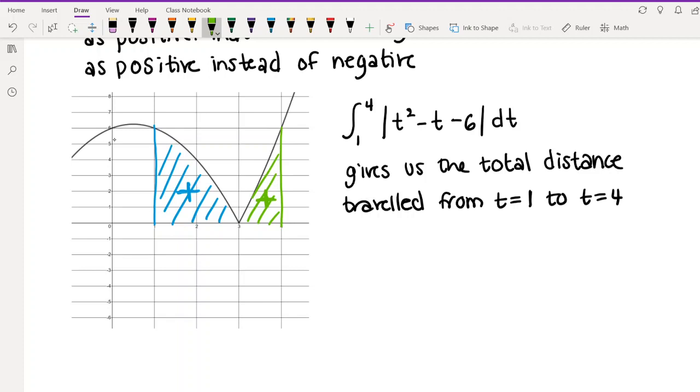You could think about absolute value as making some things positive and some things negative, so there is a way to take this integral and transform it into a new set of integrals. But personally, I think the easiest way to evaluate this integral is just to draw a picture and figure out what part is positive and what part is negative, and just make sure that the part that was originally negative is now getting its sign flipped.